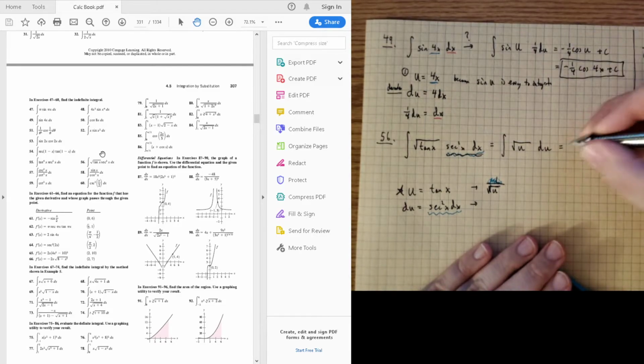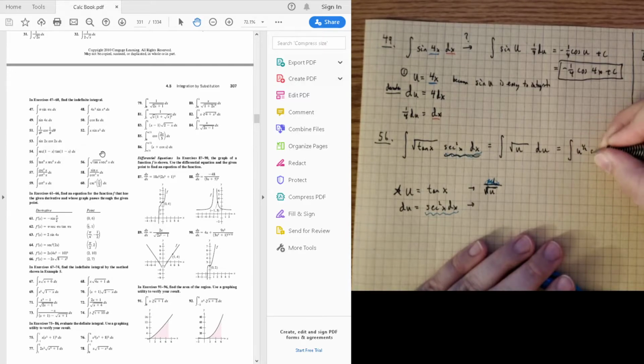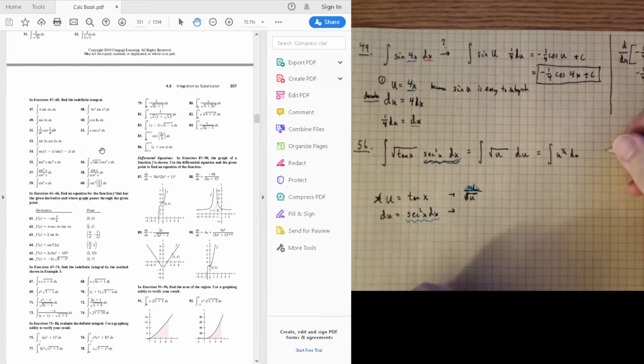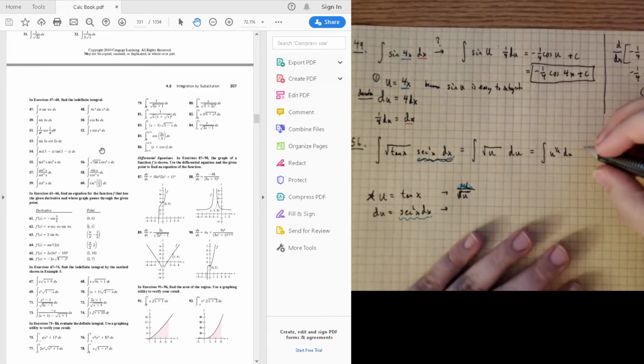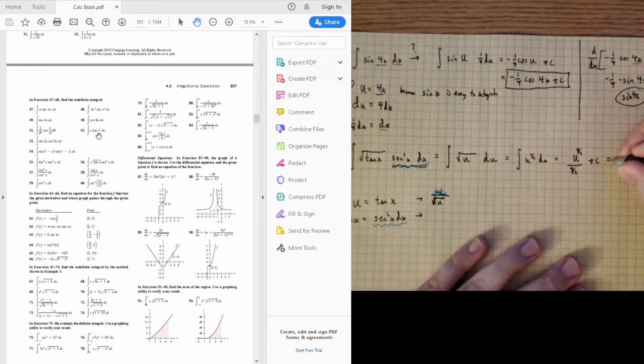Again, this changed how the function looked. It now looks like this. But let's showcase how we can get to our solution. So again, I rewrite the integral of u to the 1/2 power du. And now I actually integrate. So we add 1 to the power, u to the 3/2, and then divide by the new power, which is 3/2, plus c. I'm going to simplify before I plug in for u.